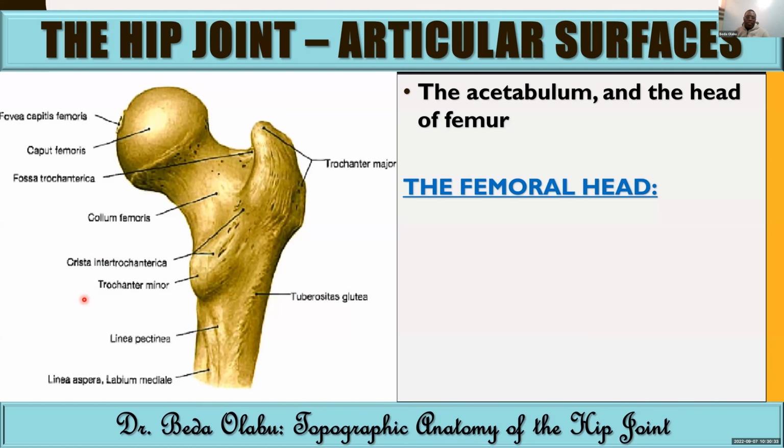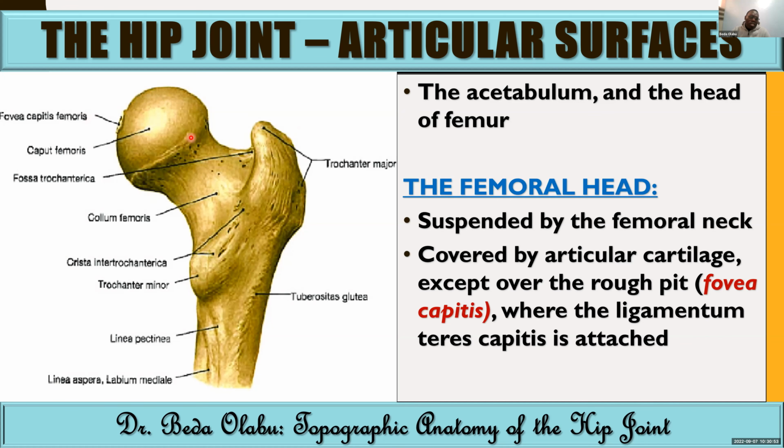Great, so that's acetabulum. Let's now describe the other articular structure. That's the femoral head. The head of femur is suspended by the femoral neck. It's an almost rounded structure there.